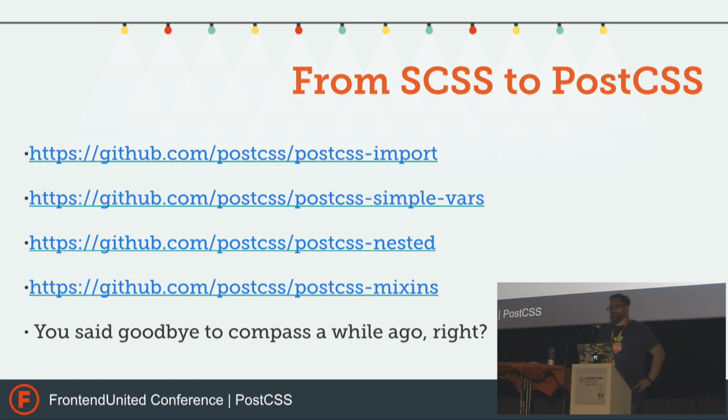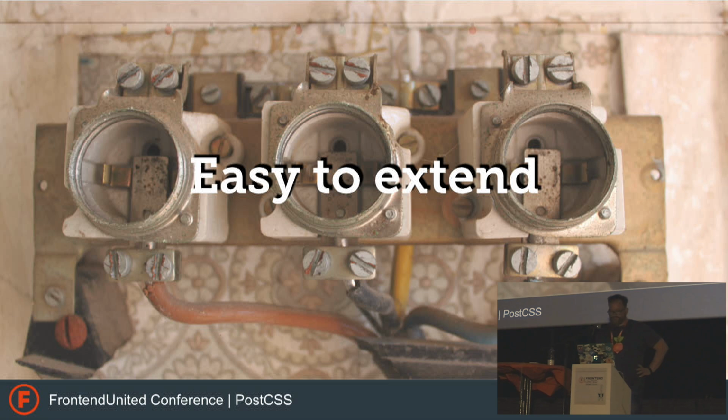I stopped using Compass when Autoprefixer came along, because most of the other mixins that you have with Compass are not, from my perspective, that useful with how CSS has evolved. But you might have to do something if there are a lot of libraries giving you mixins, like Bourbon and stuff. So that's a thing where you have to think about it. But it's not that hard, as I'm saying.